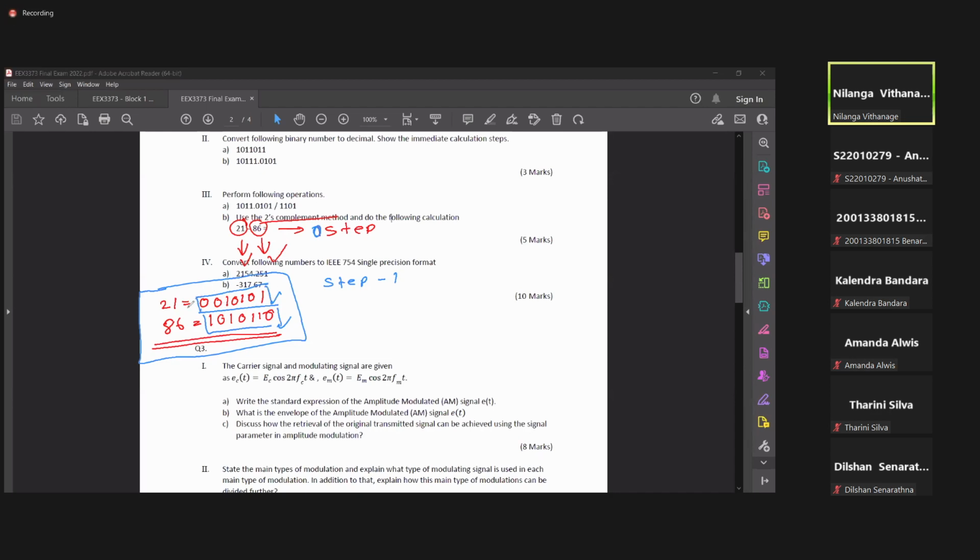Otherwise, the calculation will be wrong. The binary number of 21 is 10101, but since you have to maintain this number of slots, you have to put 2 zeros here. Otherwise you cannot do this calculation. I think you will understand when it comes to the next step.